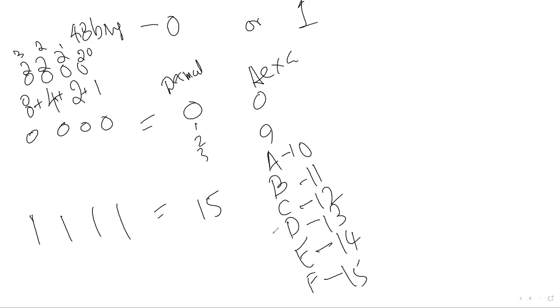So 15 means F. This is for 4 bits. The 4 bits are also called 1 nibble. The combination of 4 bits is equivalent to 1 hexadecimal digit.